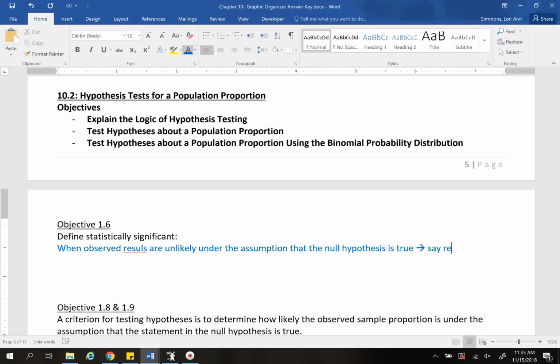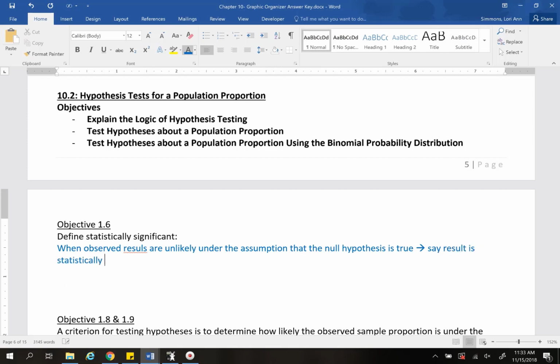We say the result is statistically significant. When the hypothesis is statistically significant, we reject the null hypothesis.